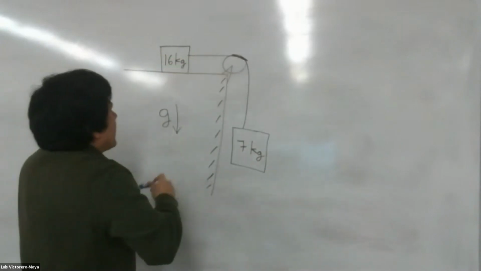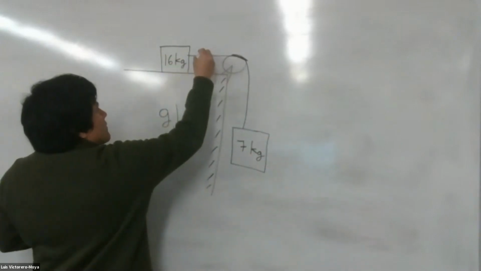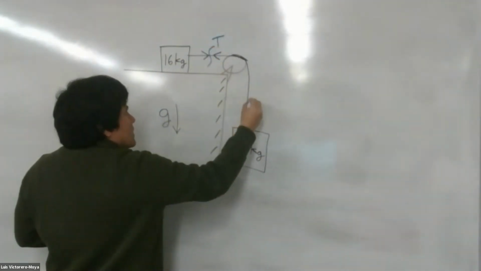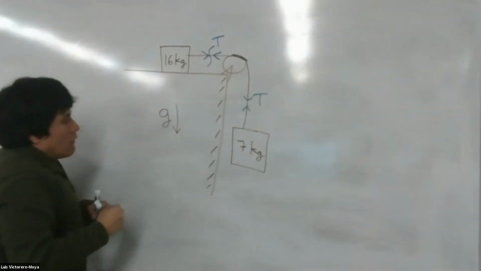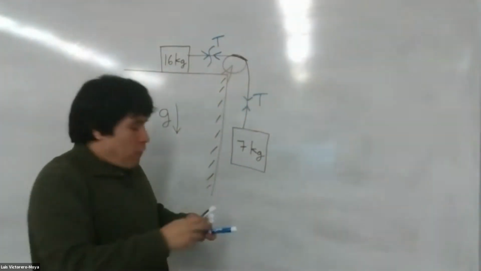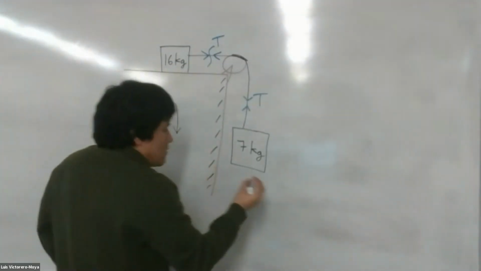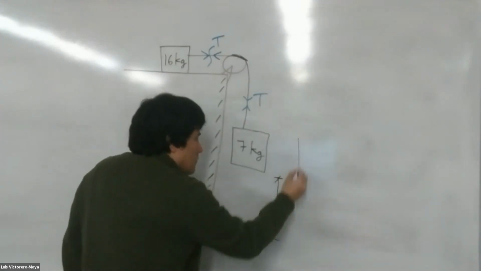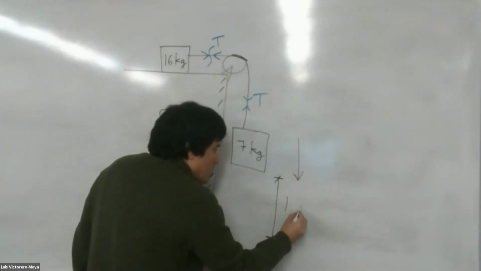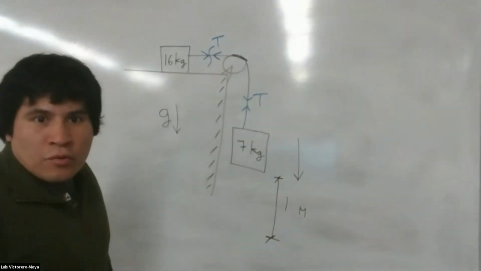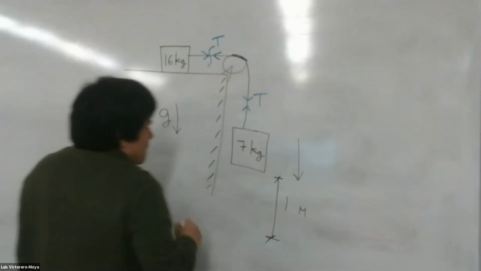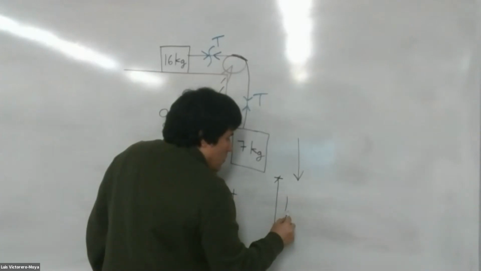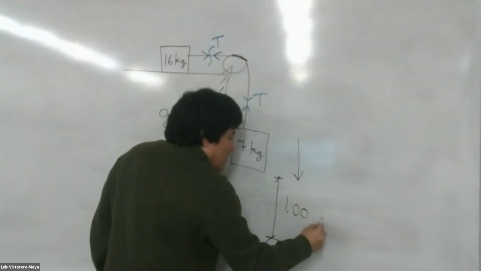Remember, we did this problem in class. Tension, the same tension. But I tell you that this mass is falling 1 meter, or whatever you have in your assignment, in 1.33 seconds.